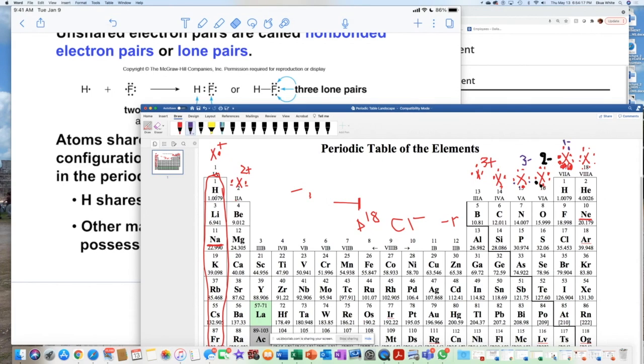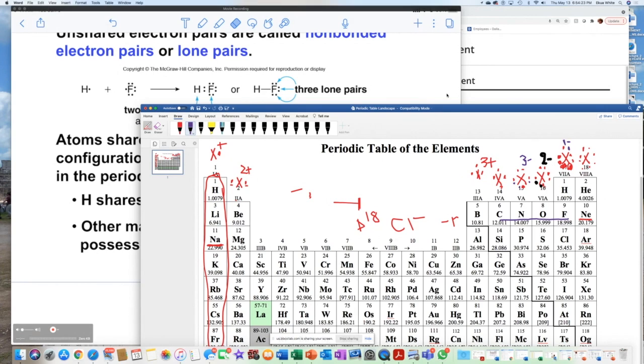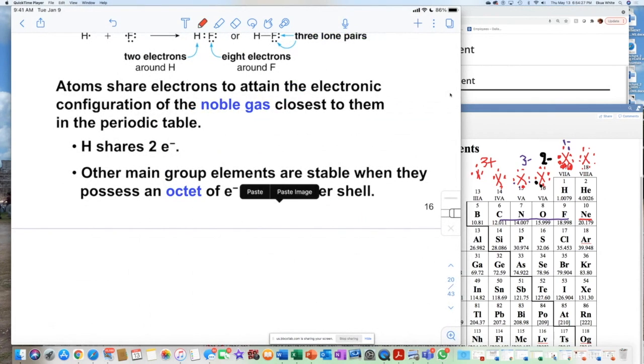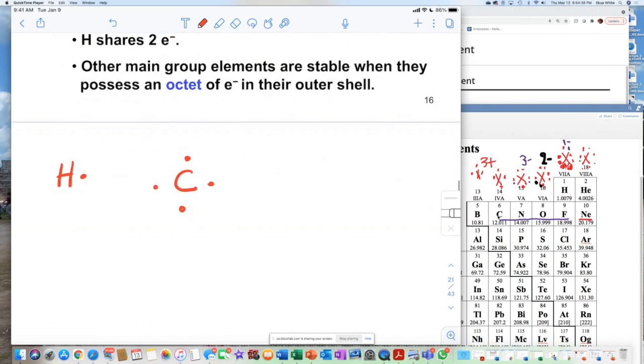We see hydrogen a lot. So I want to examine right now hydrogen, carbon, nitrogen, oxygen, and fluorine for us to see what's going on. With hydrogen, of course, we know it's in group 1, so it will normally form one bond. Carbon is in group 4, so it starts off with 4 unpaired electrons.